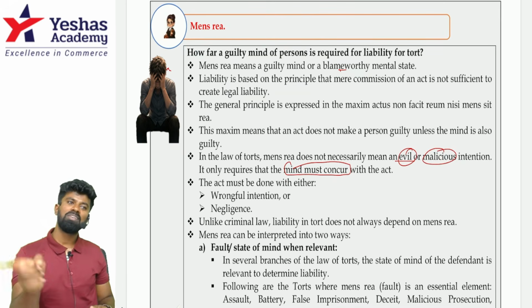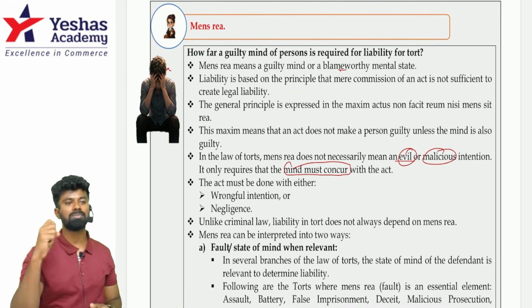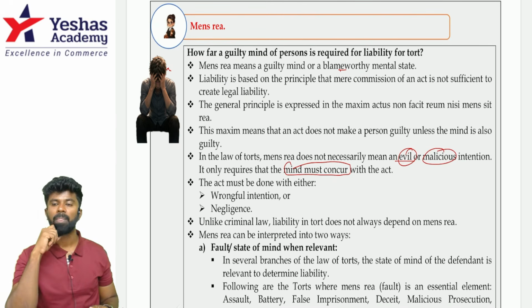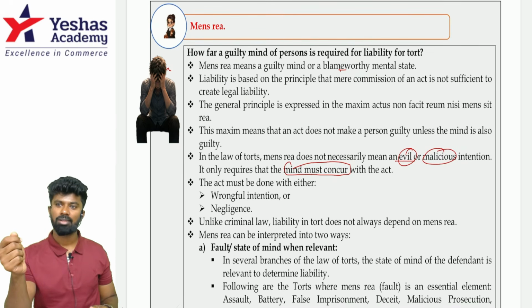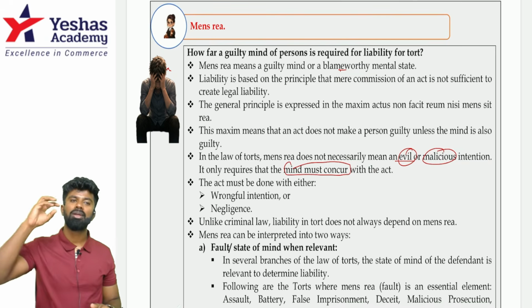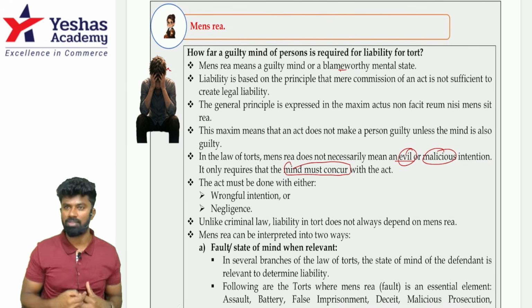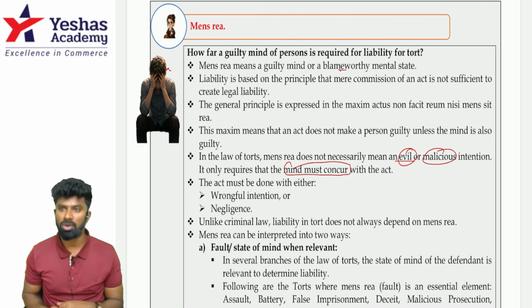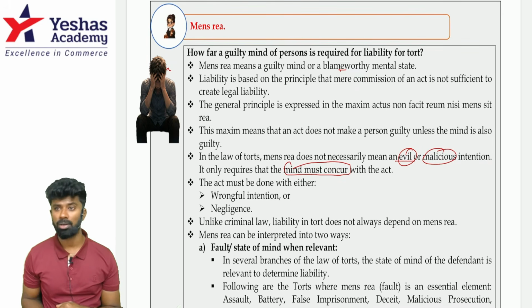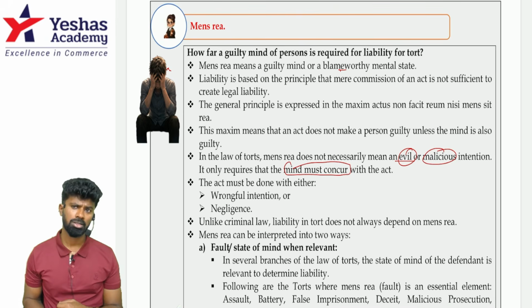What is the difference between intention, recklessness, and negligence? Intention means you are purposefully doing it. You can foresee the consequences and you desire those consequences. That is called intention. What is negligence?